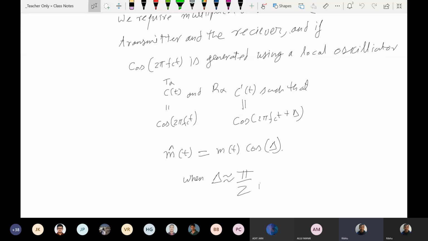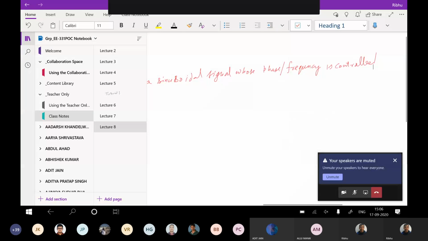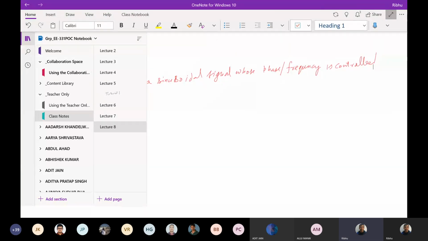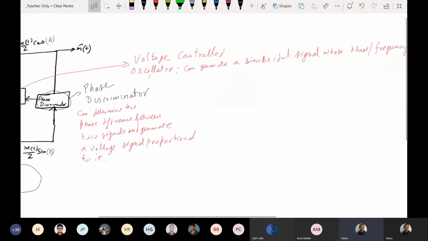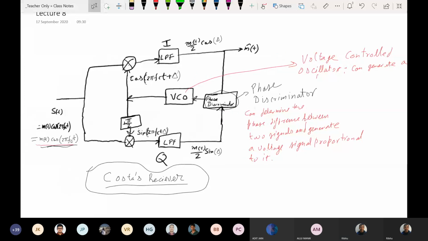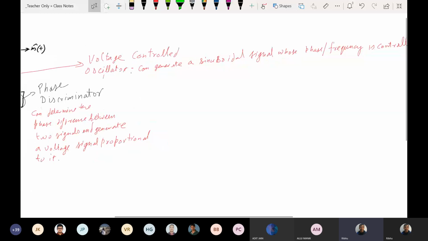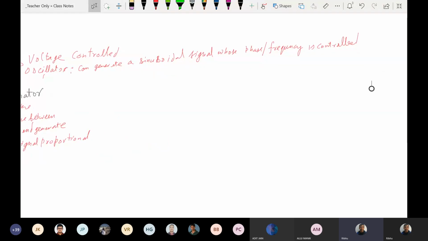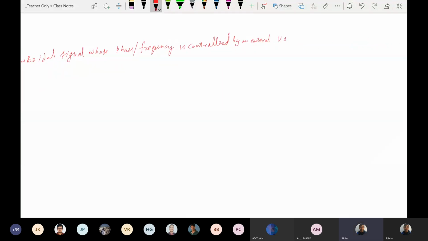Now, coming back to the present, let's look at this arrangement of blocks. This is called the Costas receiver, and this is how it looks schematically. A VCO can generate a sinusoidal signal whose phase and frequency are controlled by an external voltage.